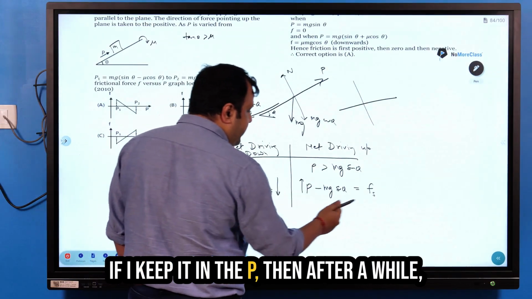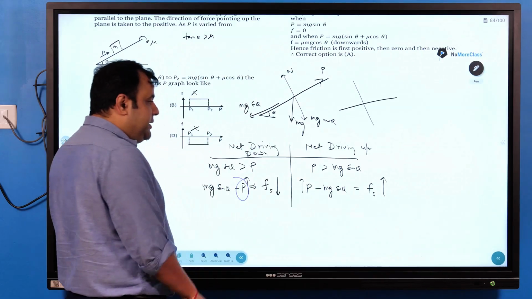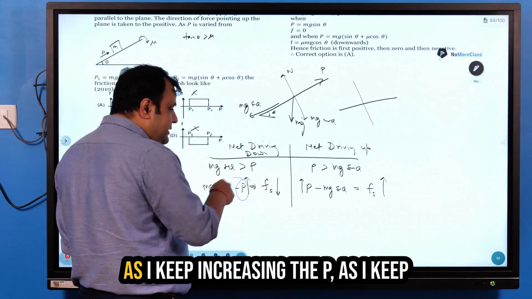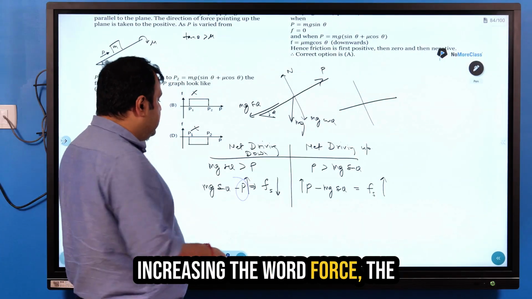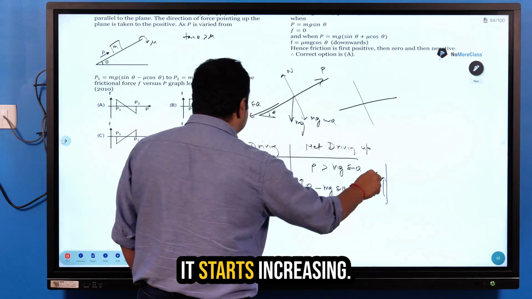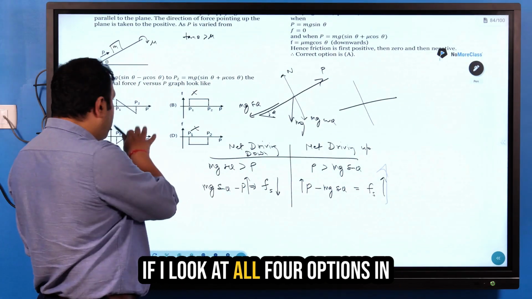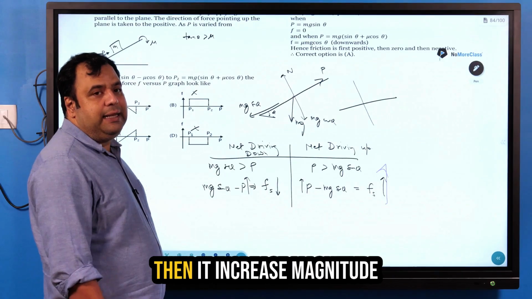Then in the second case, the P will further keep increasing. If I keep increasing the P, then after a while, the friction will also keep increasing. So if you can see the behavior of friction in this case, in the beginning, as I keep increasing the upward force, the friction is decreasing, becoming zero, and then it starts increasing. This is the behavior of friction. If I look at all four options, in the beginning, decreasing, and then it increases.